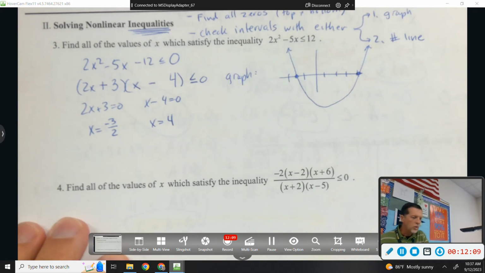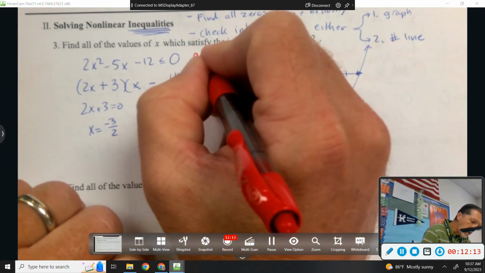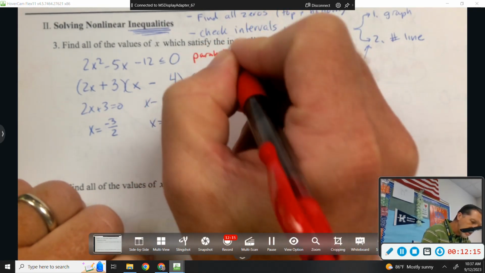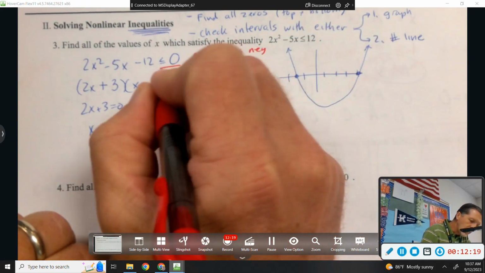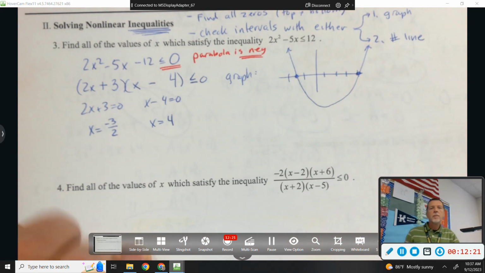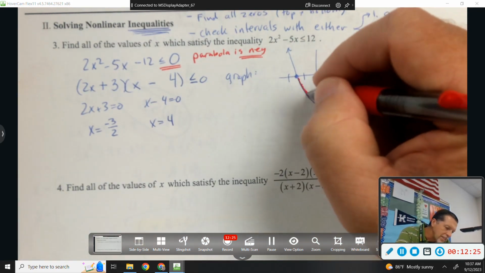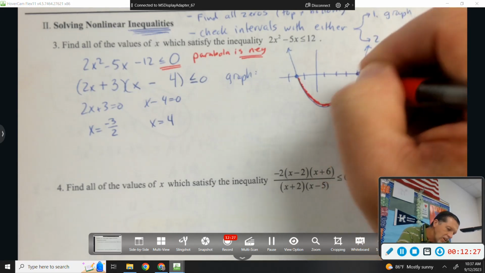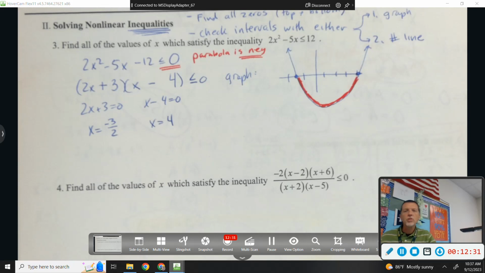And I want to know when my parabola is negative. Less than 0 means negative. So my parabola is below the axis, that portion. That's the portion I'm looking for.